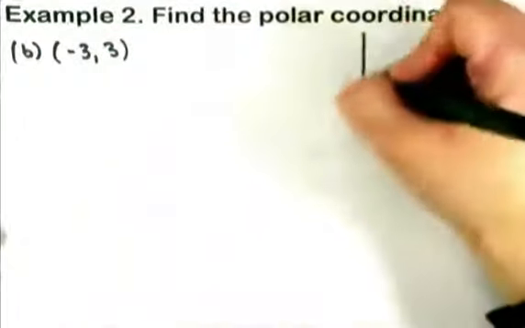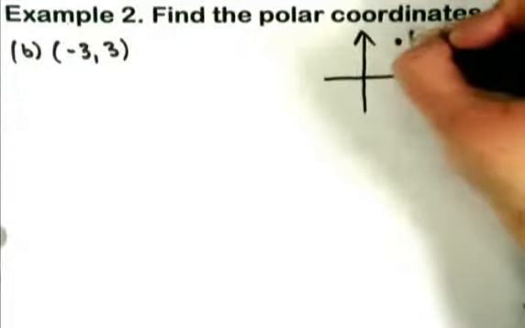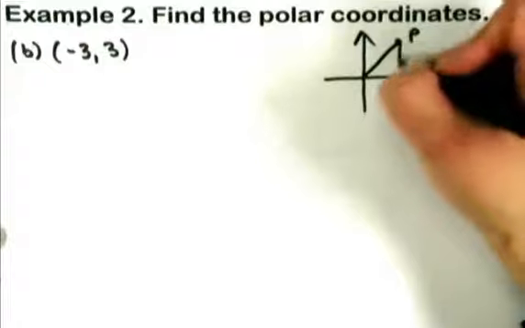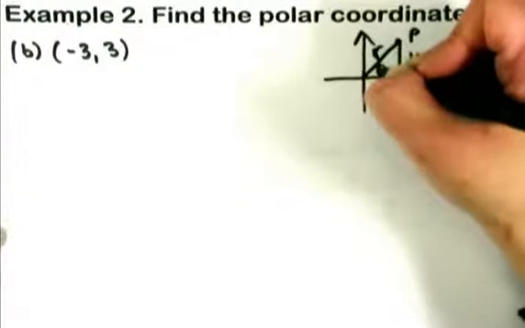Now we have example B. Find the polar coordinates of this point, minus 3, 3. So the same story, we can always draw this diagram that represents P to connect x, y, r, and theta.